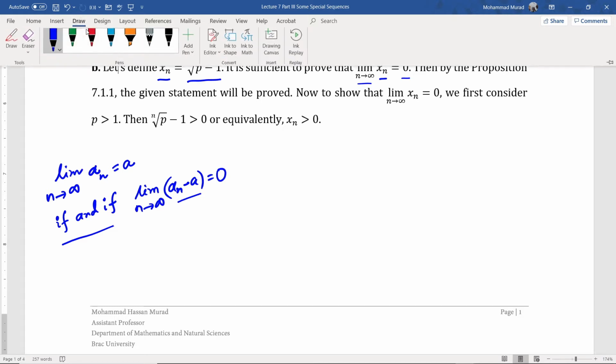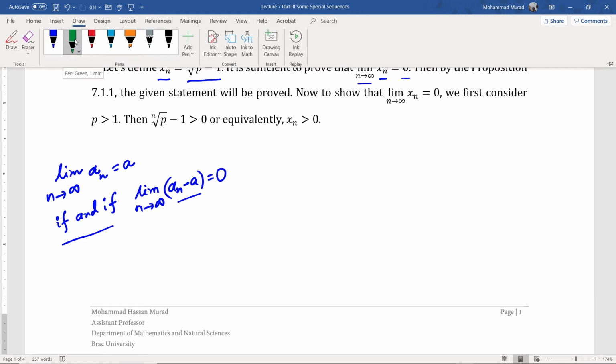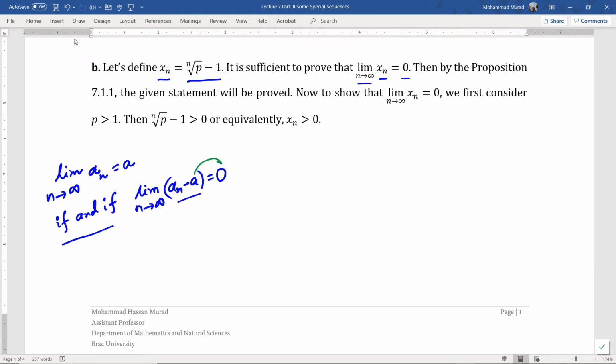It simply allows us to move the limit from the left-hand side to the right-hand side, or from the right-hand side to the left-hand side.